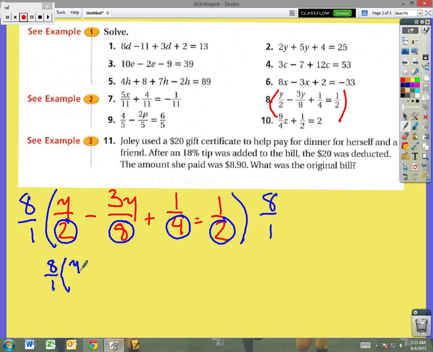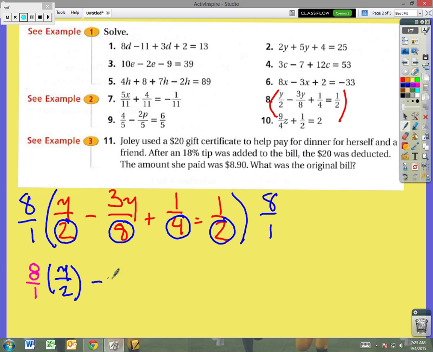So it'd be 8 over 1 times y over 2 minus 3 over 1. Let me put that 8 first. Let's actually put the 8 in a different color. So this here would be 8 over 1 because I know their least common multiple is 8. And then we're going to times that by y over 2.